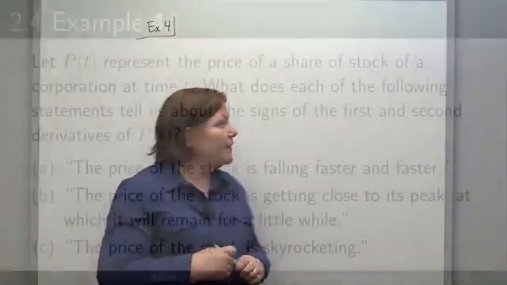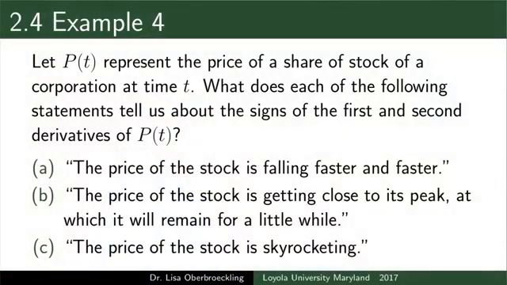So in this example, we're given P of t is the price of stock at time t. So you're looking at the price of a certain stock, of a certain corporation at various times. And we have some phrases associated with what is going on with the stock.